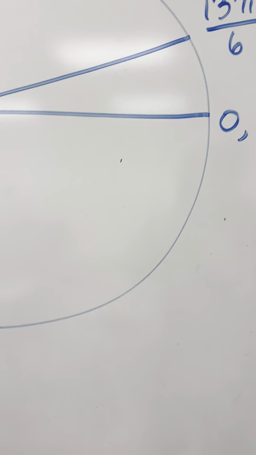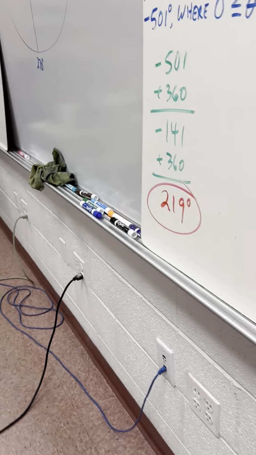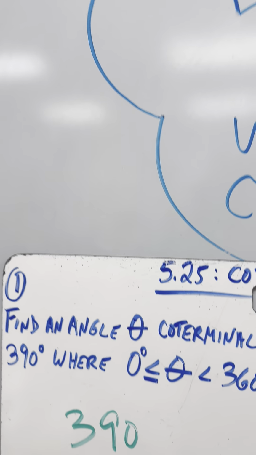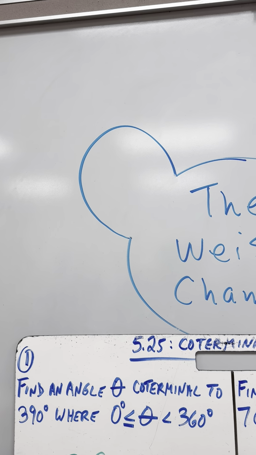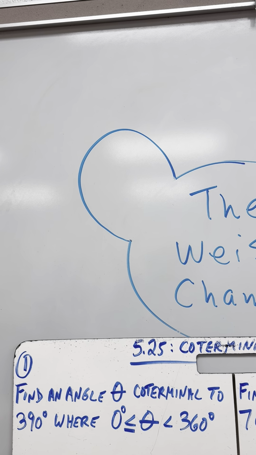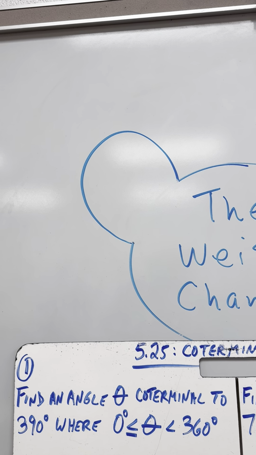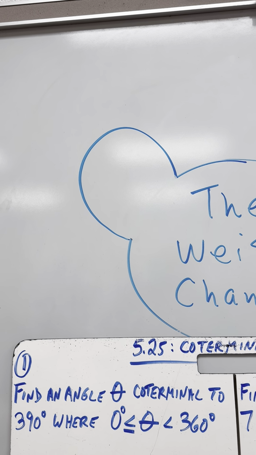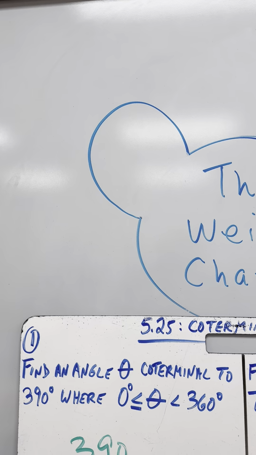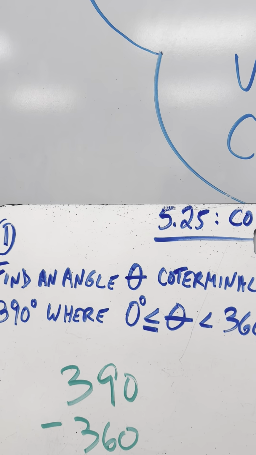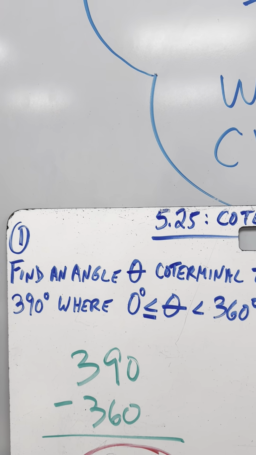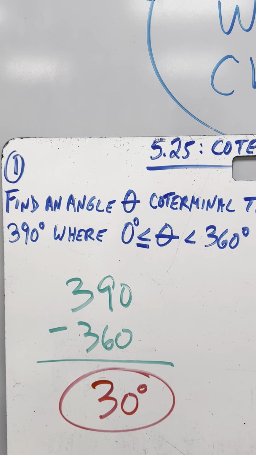Okay, so here's the kind of problems you're going to see. For example, find an angle theta, coterminal to 390, where theta is between 0 and 360. All you need to do is take 390 and subtract 360. 390 minus 360 is 30.